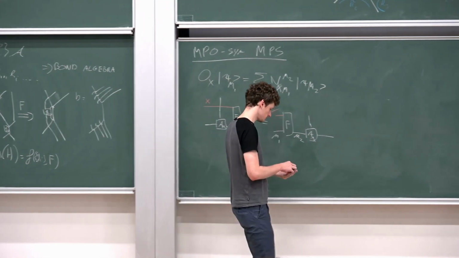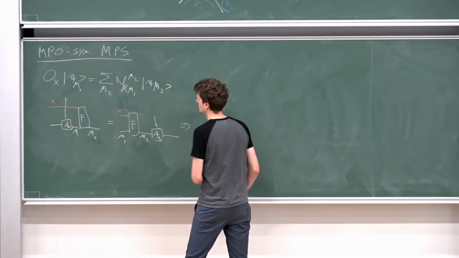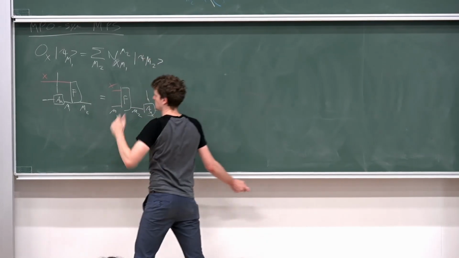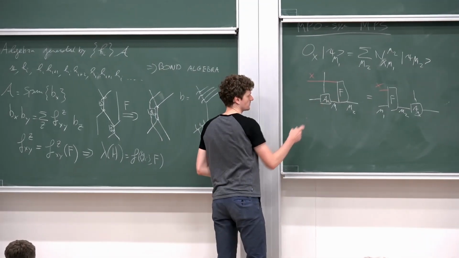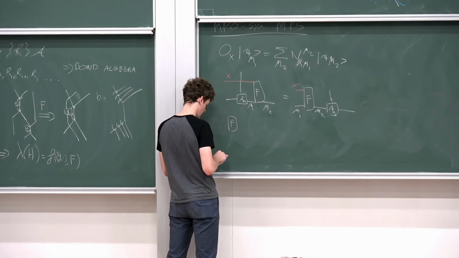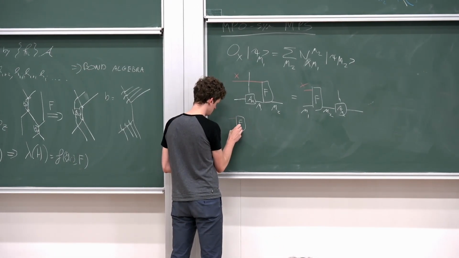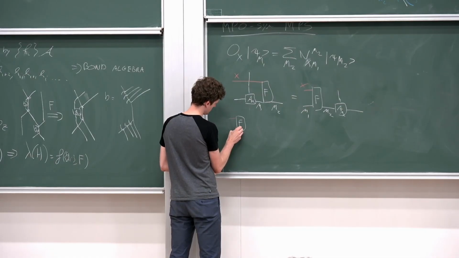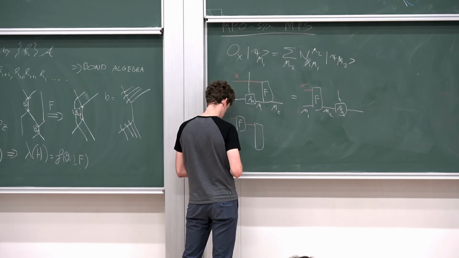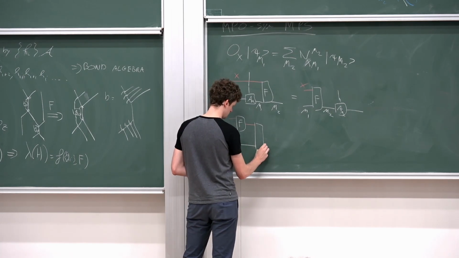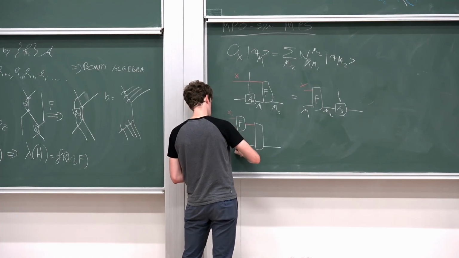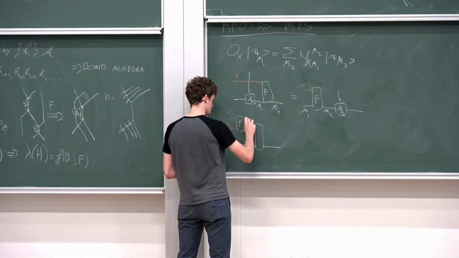Now, from this you can deduce, let me write it below, that this kind of thing has to satisfy a consistency condition, namely that this F, like this, so this is x1, x2, m1, m3.